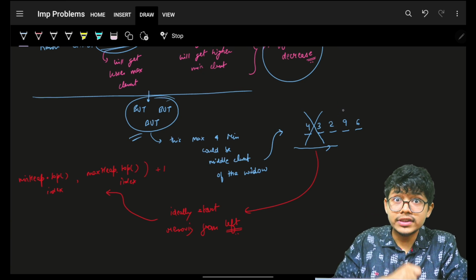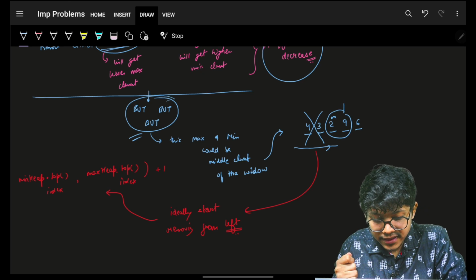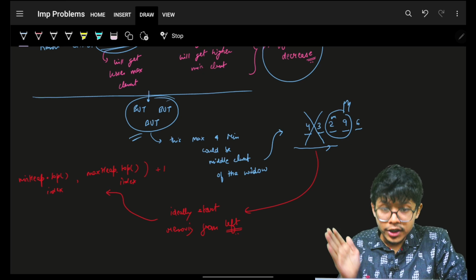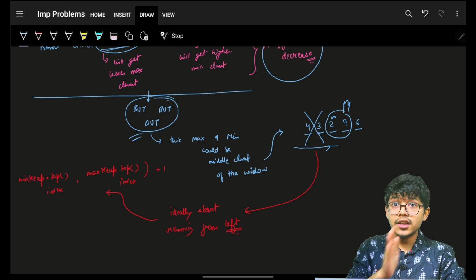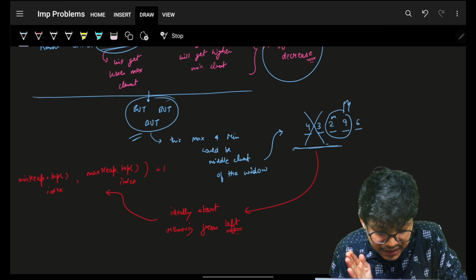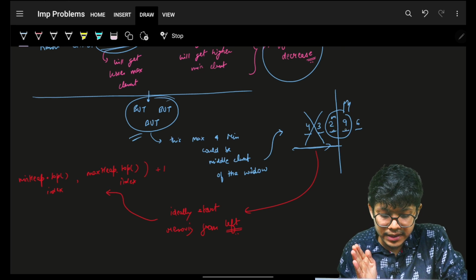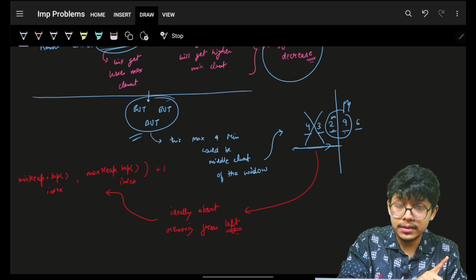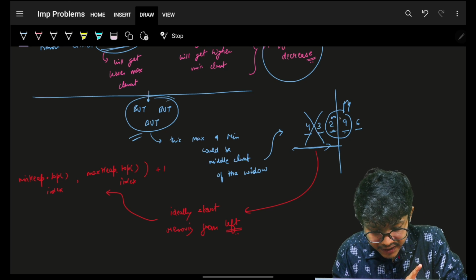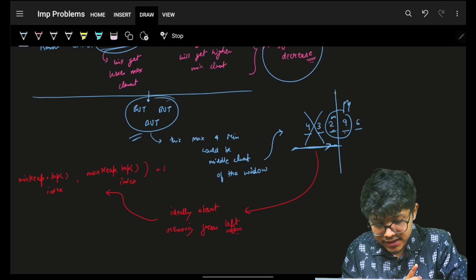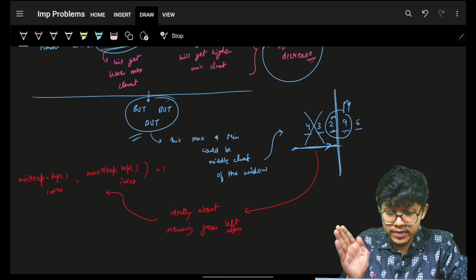My disturbance was given by this min and this max element. So to get rid of this disturbance, I have to at least get rid of the min or the max element. Then I will shift everything such that I get rid of this disturbance, which is 2.